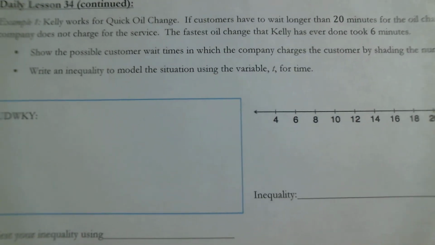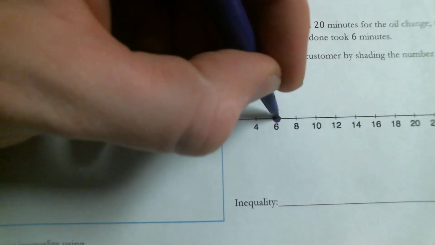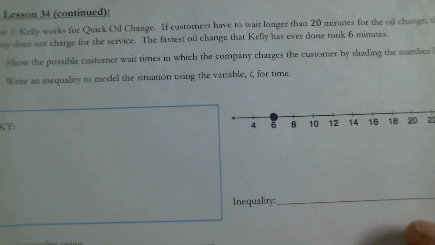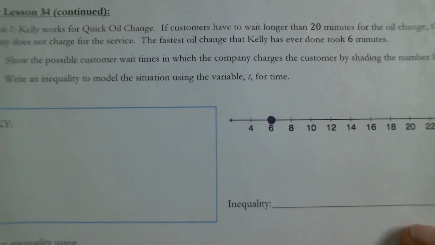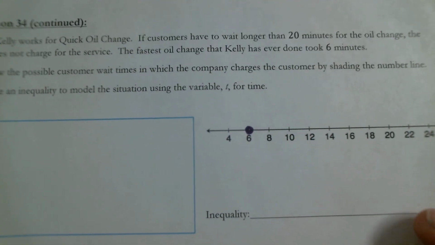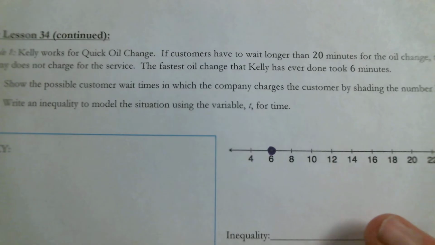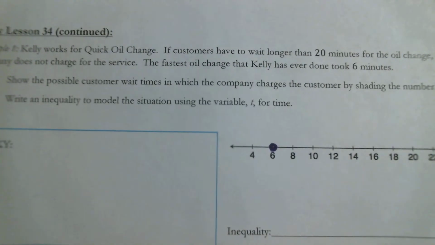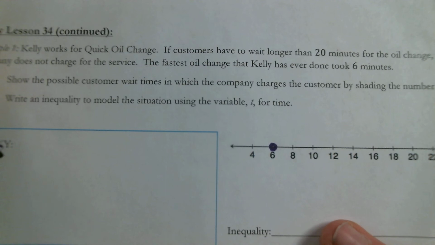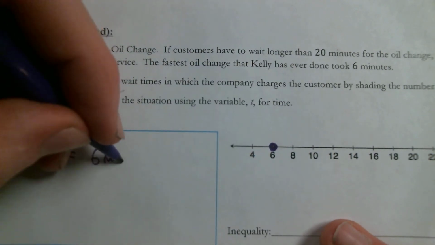So that would mean here, 6 would be included. She's done one that is 6 minutes long. But we don't want it to go over 20. That makes us think, well, it can be 20, right? So maybe I should write some of the stuff down that I know. So fastest is 6 minutes.